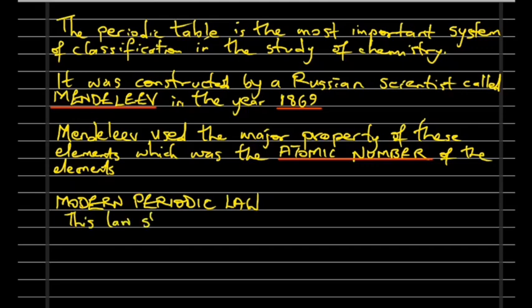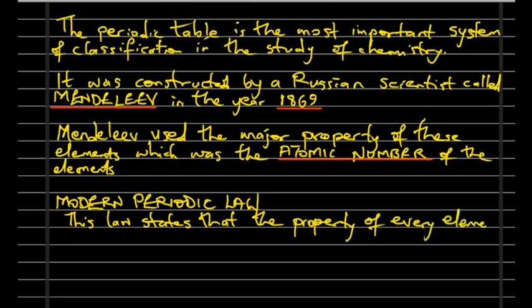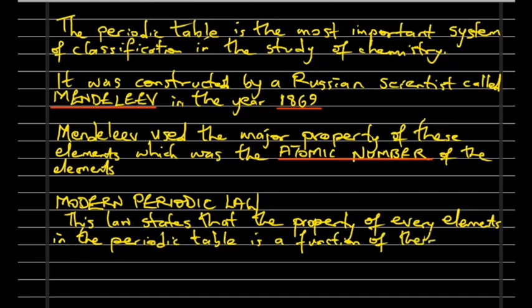This law states that the property of every element in the periodic table is a function of their atomic number.